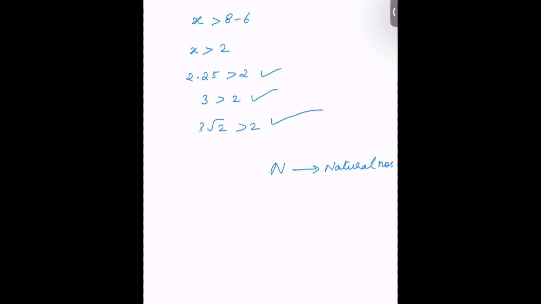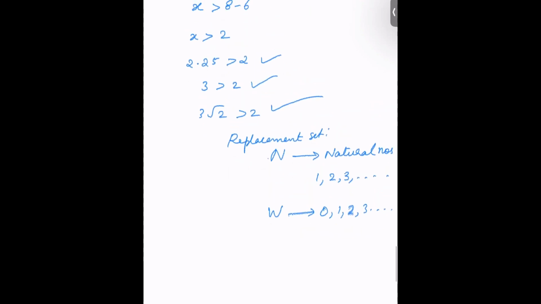This is very important. You need to remember. Natural numbers start from 1: 1, 2, 3, etc. If I write W, W is whole numbers. From which number do whole numbers start? 0. 0, 1, 2, 3, etc., up to infinity.